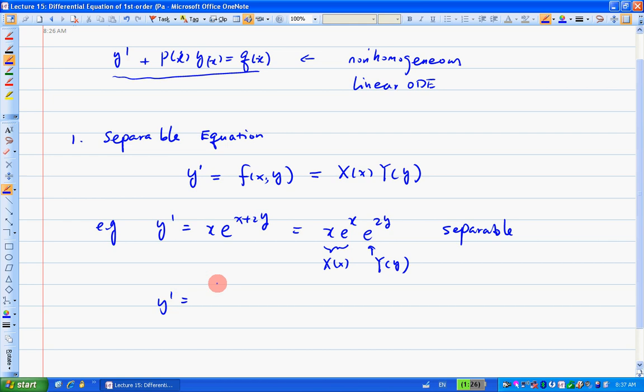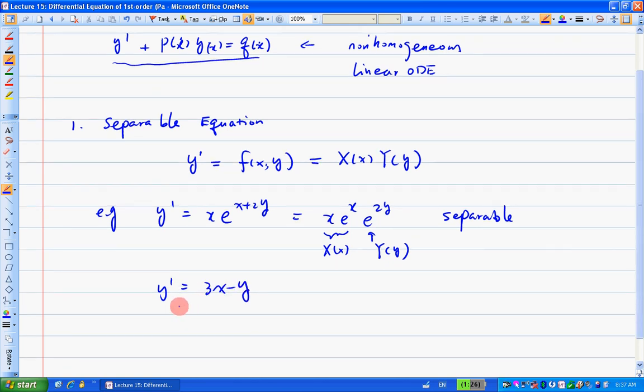However, if you have this kind of function here, y prime equal to 3x minus y, what is it? This is basically the standard linear format. It's equivalent to saying y prime plus y equal to 3x.